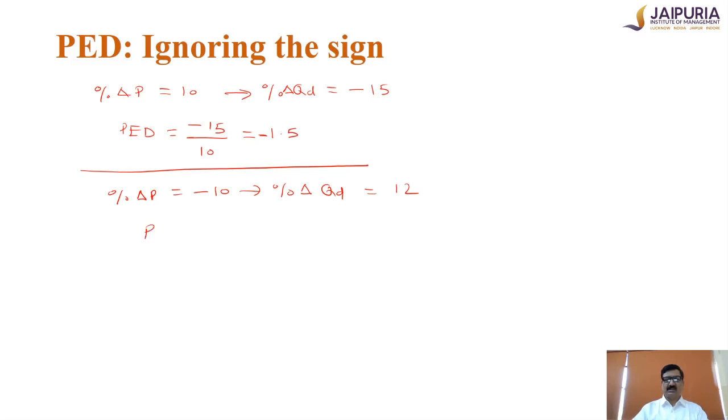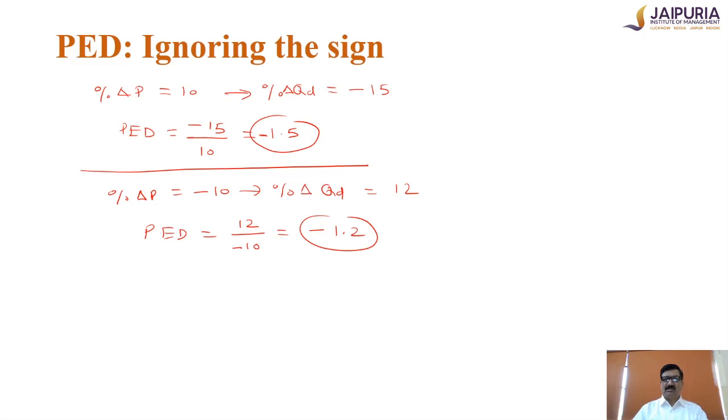So in this case, PED is equal to 12 upon minus 10, that is minus 1.2. So you may notice in both of these examples, price elasticity of demand turns out to be negative. Whether price increases or decreases, price elasticity of demand is negative, which simply shows there is inverse relation between price of the product and quantity demanded of the product.